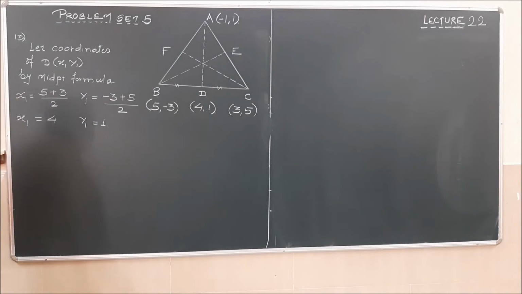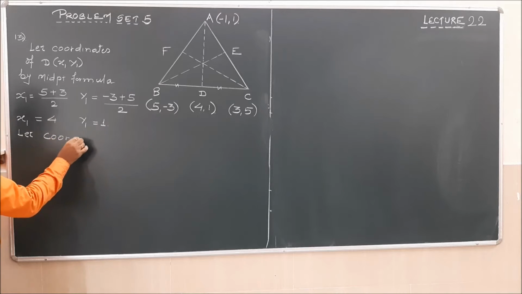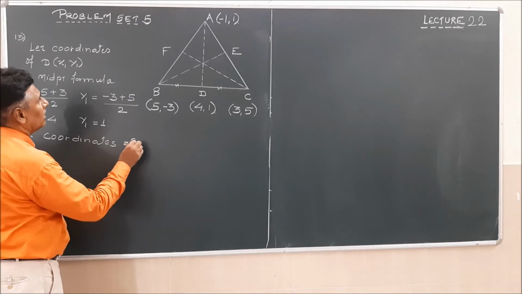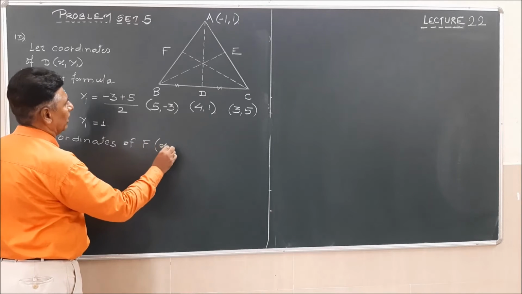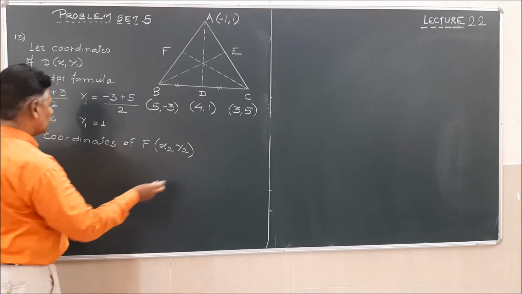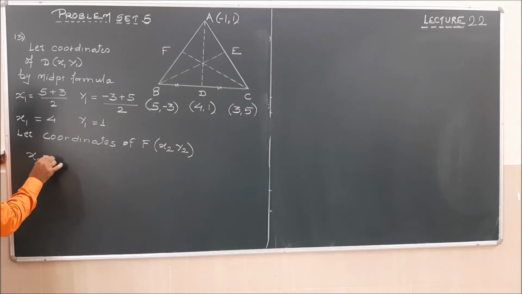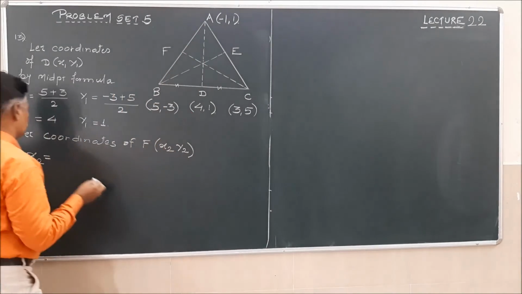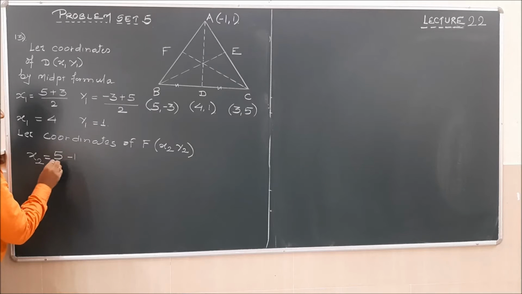In the same manner, let coordinates of F be x2, y2. So we will be getting x2 is equal to, because F is the midpoint of AB, so (5 minus 1) upon 2. So x2 is equal to 4 upon 2, which is 2.